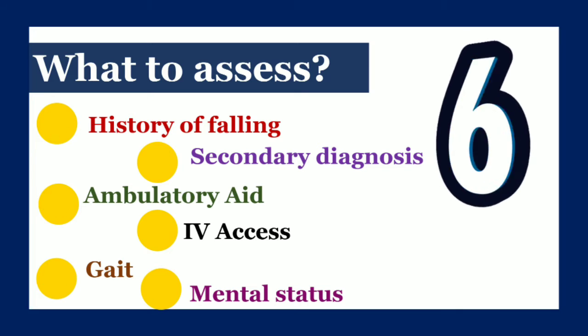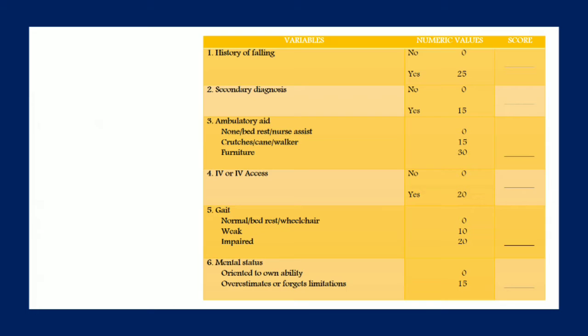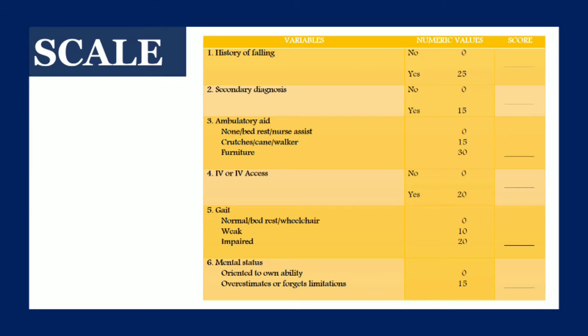Let's see in detail one by one. The Morse Fall Scale is represented in the format of a table, which comprises variables, numeric values and score. Let's see each with minimum scoring and maximum scoring.